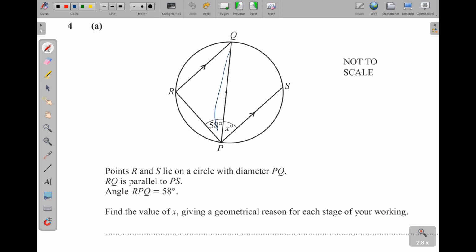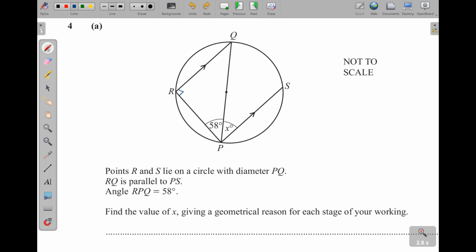Now, this one being a diameter, that means the angle that is here is 90 degrees. So, for us to get the angle that is here, we just need the angle that we add on 58 to make 90, because already this is 90 degrees. So that means these two angles must also add up to 90 degrees such that we get 180.